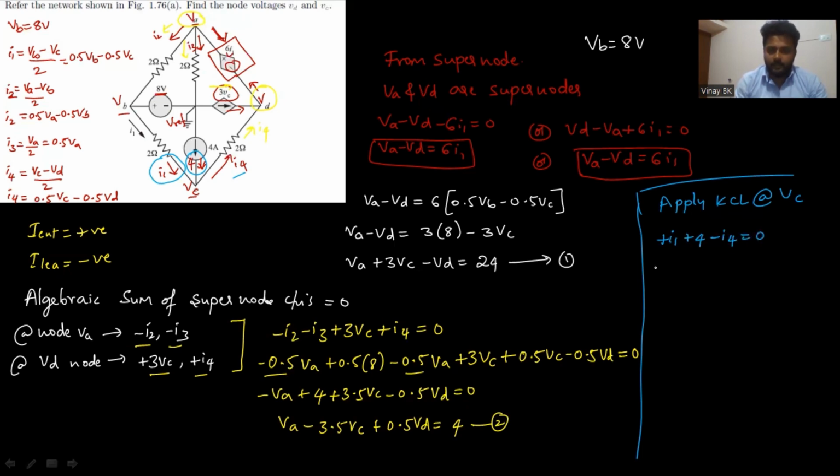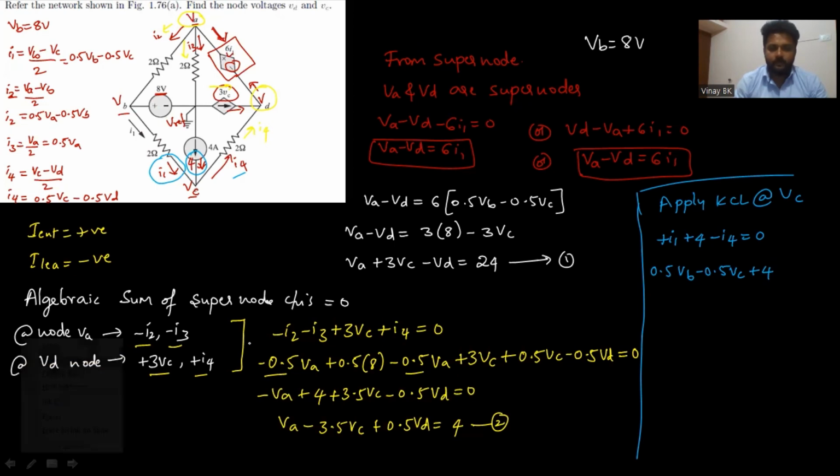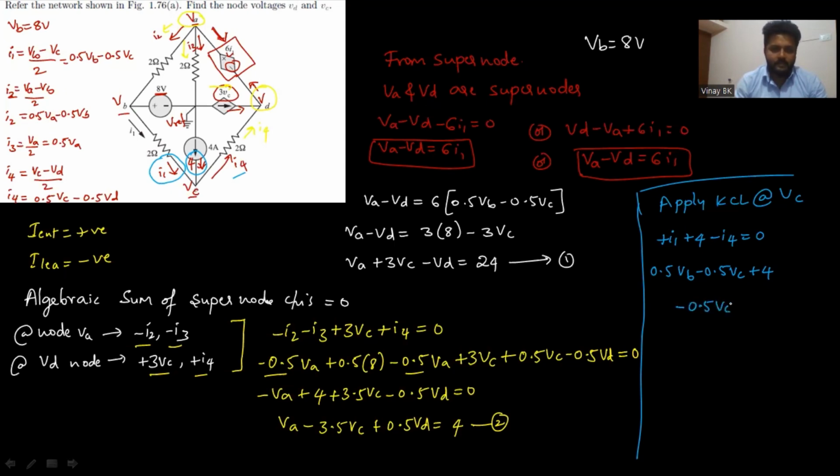I1 we already know, that is 0.5 VB minus 0.5 VC plus 4, and I4 is 0.5 VC minus 0.5 VD, so minus I4 gives minus 0.5 VC, minus into minus plus 0.5 VD equals 0.